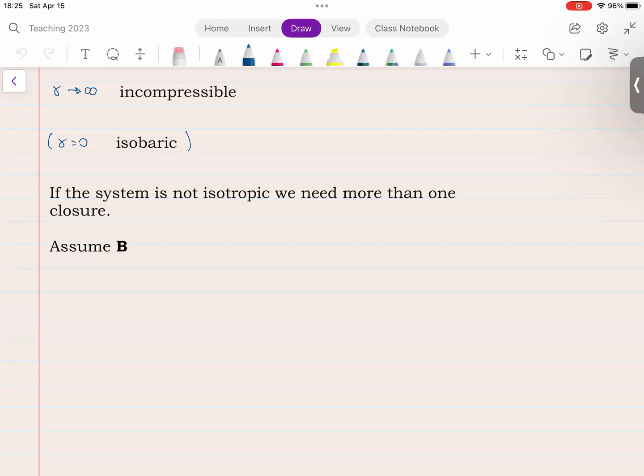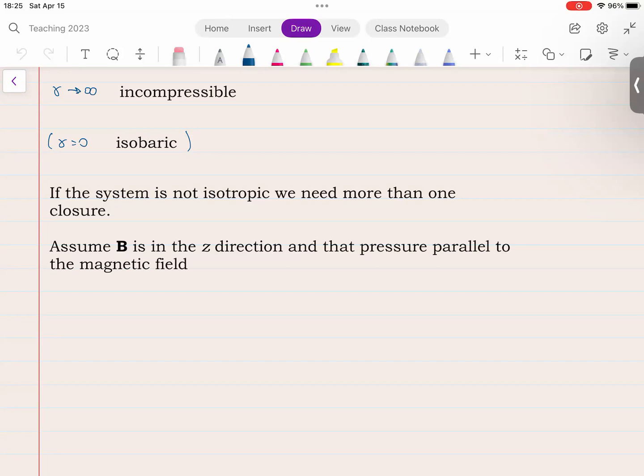So let's assume that the magnetic field is in the z direction, and that the pressure parallel to the magnetic field or perpendicular to the magnetic field have different values.